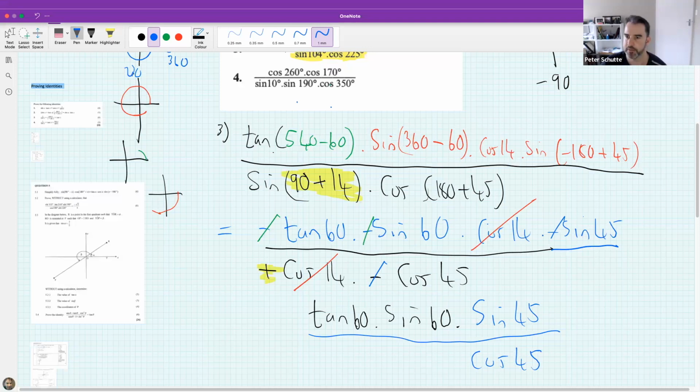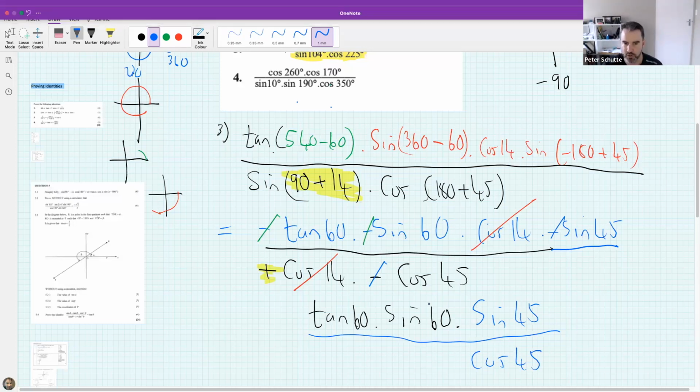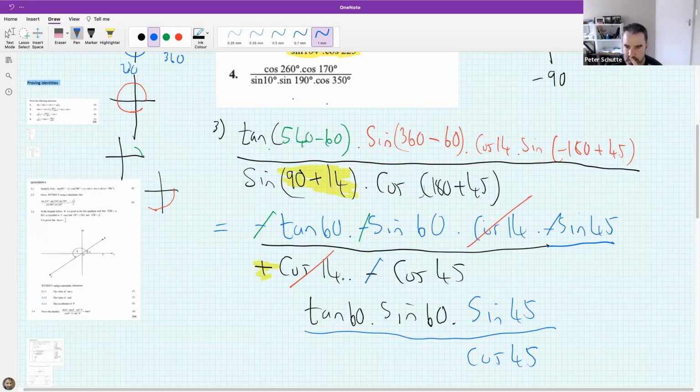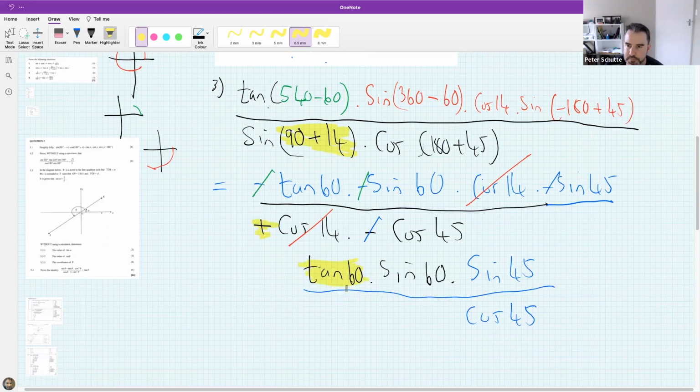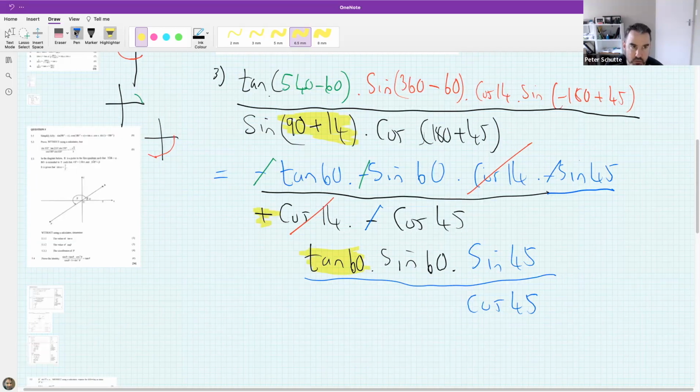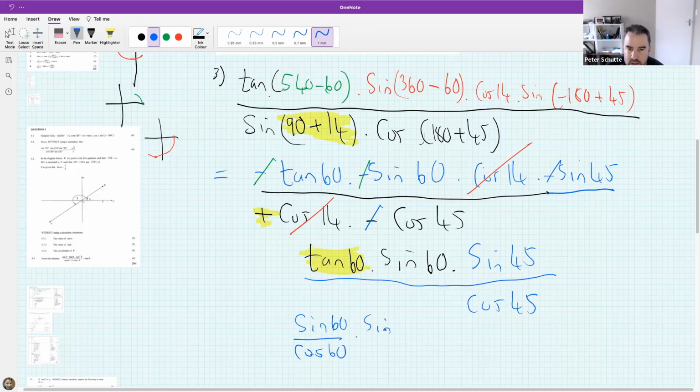What's the next step? What do you think I need to do? We spoke about it in the previous question. I think we can change this into something different. So special triangles, and you could just go straight to special triangles now if you like. But what I was thinking is we can write that. Oh, actually, that's not really going to help us. Say sine of 60. Yeah, I would just go straight to your special triangles.